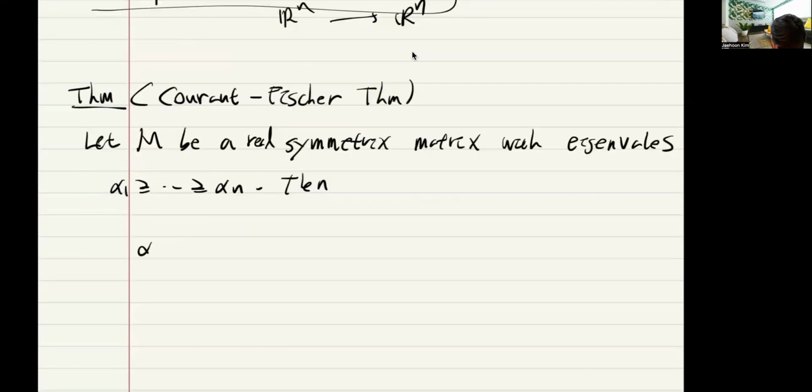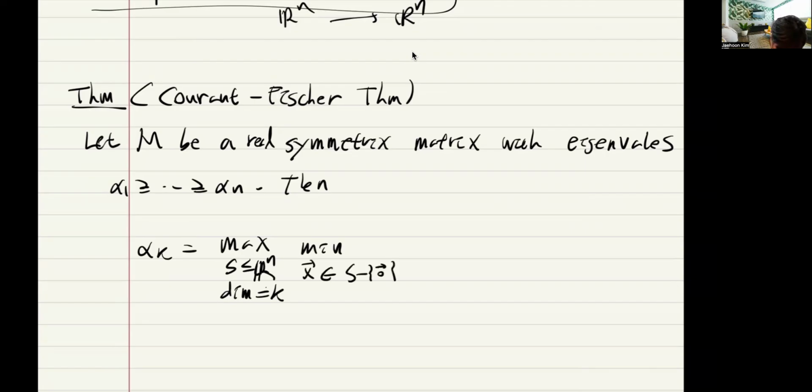Then alpha_k is the same as the solution of this maximization problem. You consider an arbitrary k-dimensional subspace S. Then you consider some non-zero vector there. And then you consider the minimum of this Rayleigh quotient.